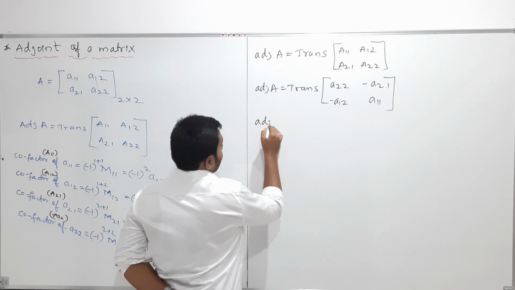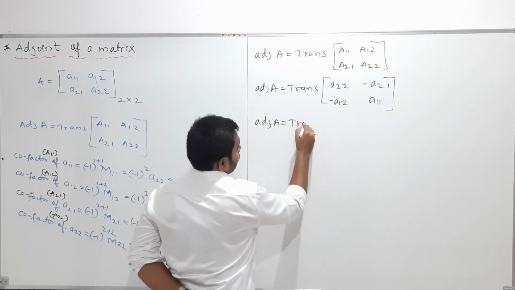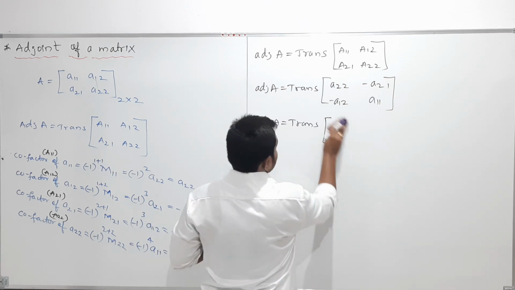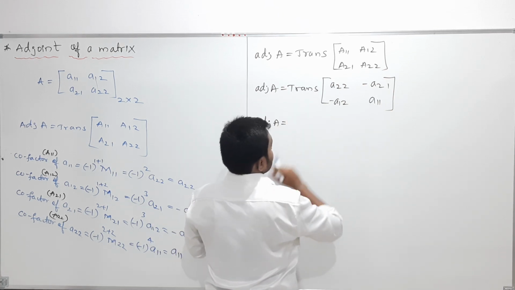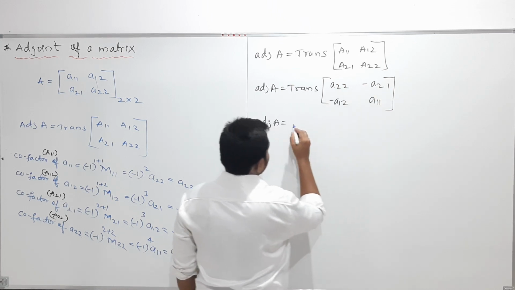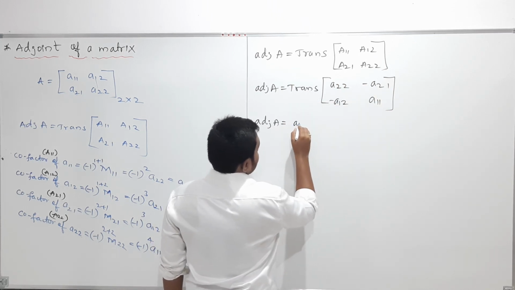So adjoint of A is equal to the transpose of this, which means you should take rows into columns. You should write this row as a column. So this is equal to A22, minus A21, minus A12, A11.